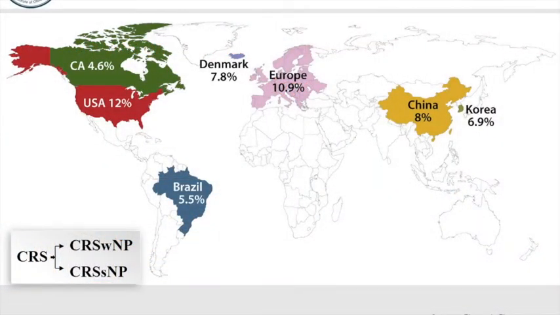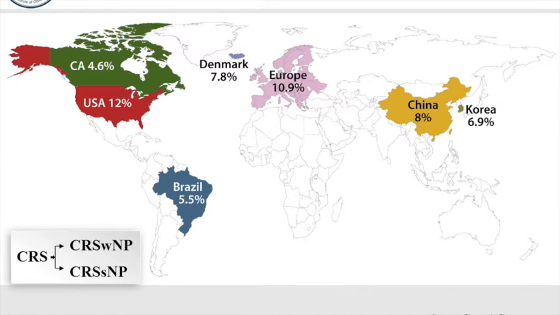In the review Claus and I published 5 years ago, we drew this world map to show the current prevalence of CRS in the world. You can see chronic rhinosinusitis is prevalent in 8 to 11% of adults in Europe, 5 to 12% in North America and Brazil. As you all know, China is a large country with a 1.4 billion population sitting in East Asia.